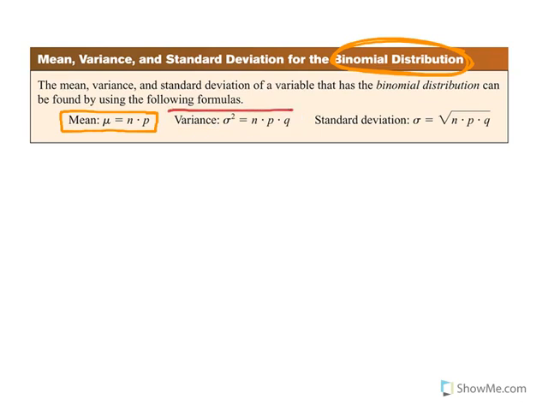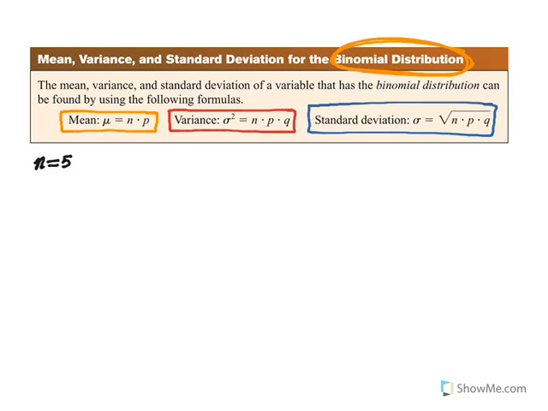I'm sorry for this, but it looks better with different colors. So let's give these colors to each one of them, and then use the same color to solve it. So now, for our question, before I answer, I will just write them again. Remember that n was 5, p is 0.3, and q is 1 minus p, which is 0.7.